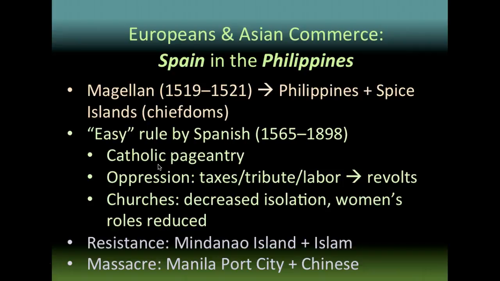In Manila, which is a port city, there were a lot of Chinese who were enticed to come down, to come live and work there by the Spanish. The Spanish sort of invited the Chinese to come down because a lot of the locals died, and there wasn't enough local population, indigenous population in Manila to work on the plantations.